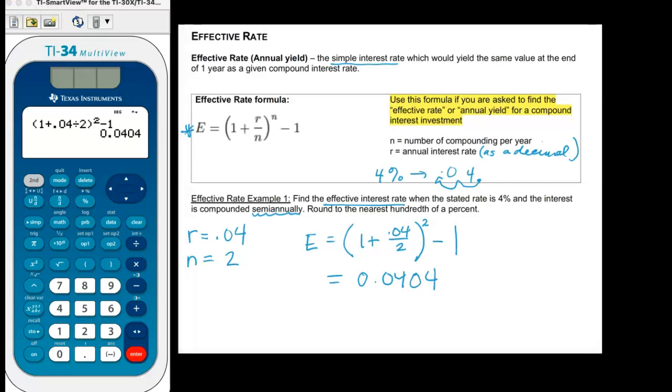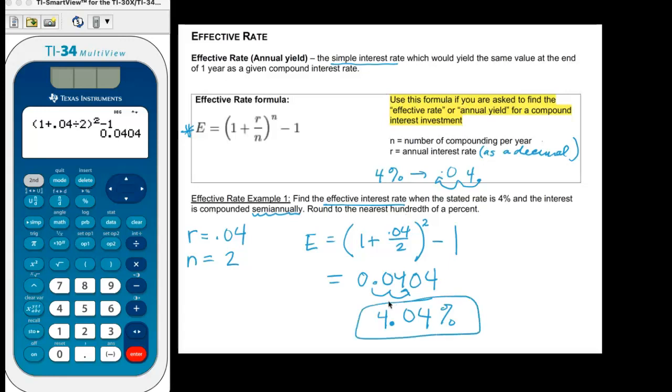Okay, so we've got a decimal answer. Now our directions say round to the nearest hundredth of a percent. First we need to convert this to a percentage, so we can multiply by 100 or move the decimal 2 spots to the right, so we get 4.04%. Then it says round to the nearest hundredth of a percent, so we need to find the hundredth place. This is the tenths place, and this is the hundredths place. It's already rounded to the hundredths place because we don't have any digits after that, so there's no rounding to do.